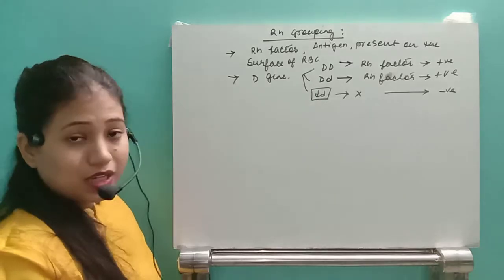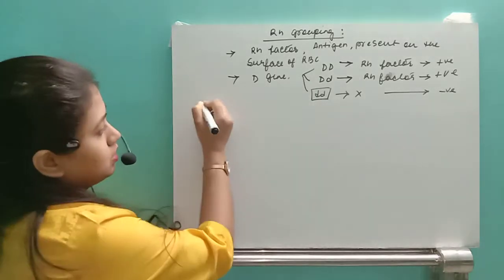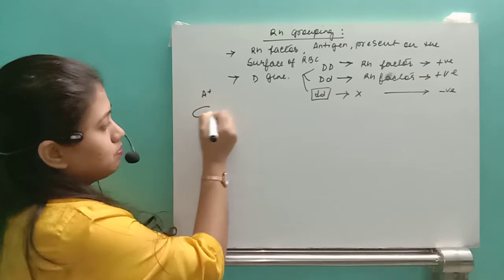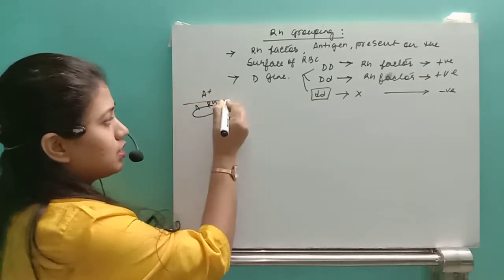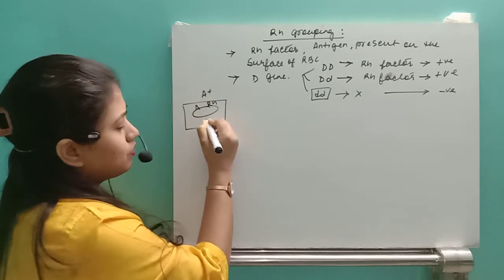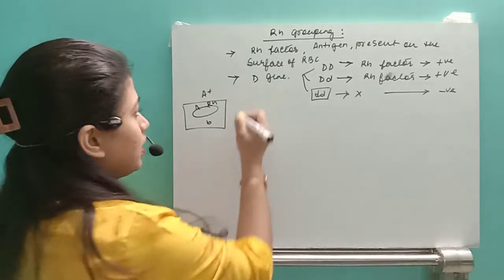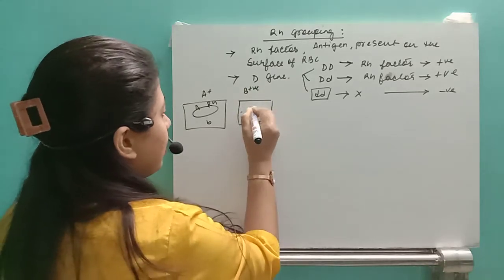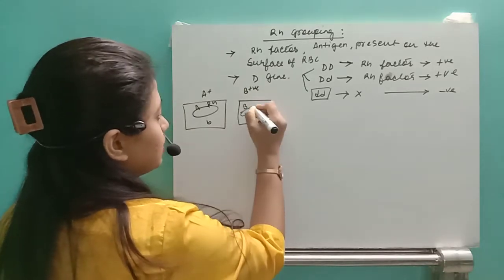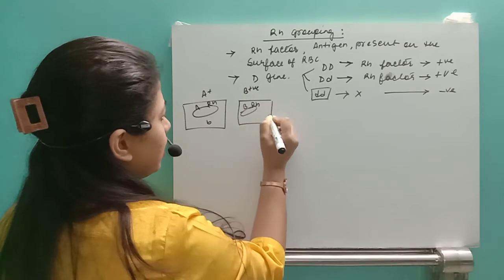One thing you have to know: if that individual is A positive, that means the RBC will have A antigen and Rh antigen, and the blood will have B antibody. If the blood group is B positive, then the RBC will have B antigen, Rh antigen, and A antibody.